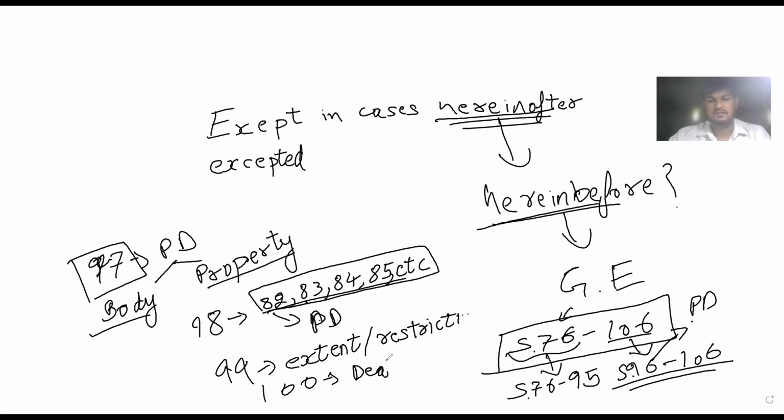Death. When does it extend to causing of death? Then 101, 102, 103. Death in order to protect your body, your property. 100 talks about body, property.